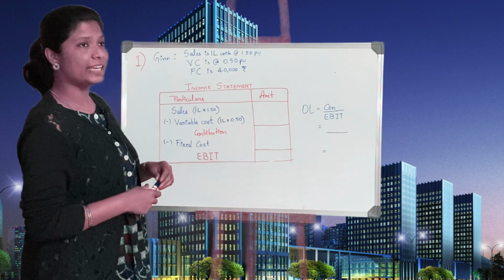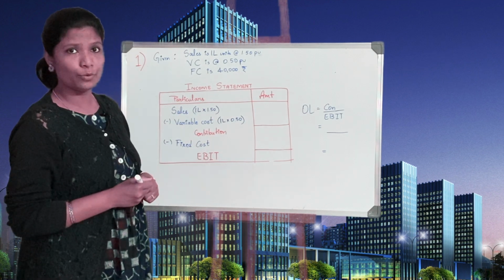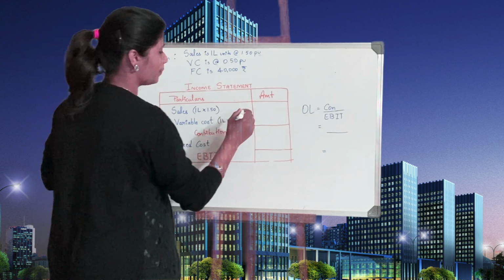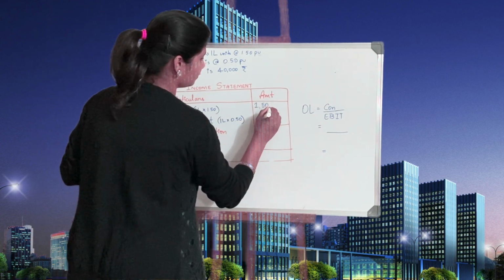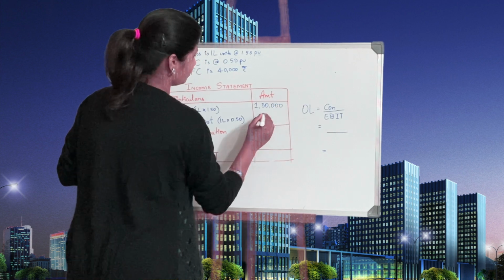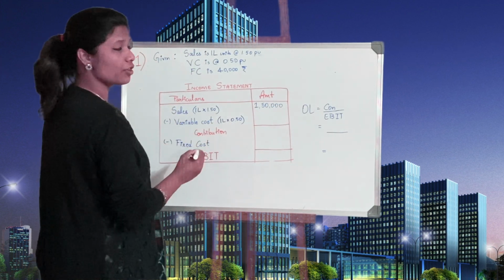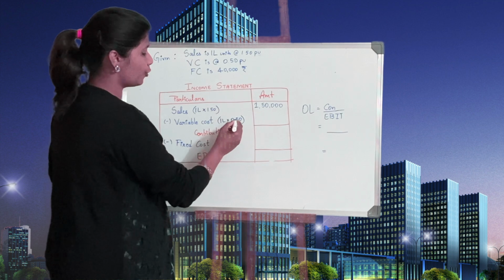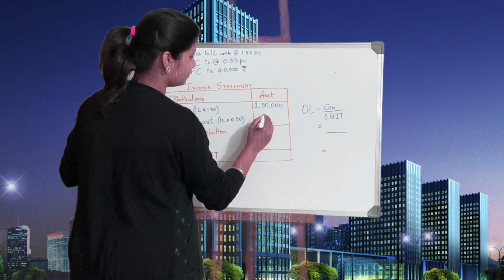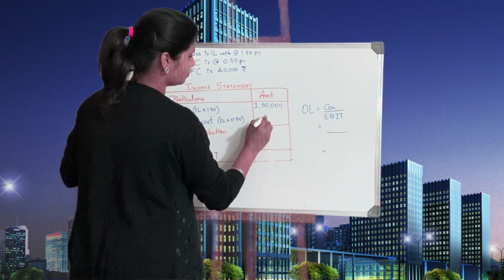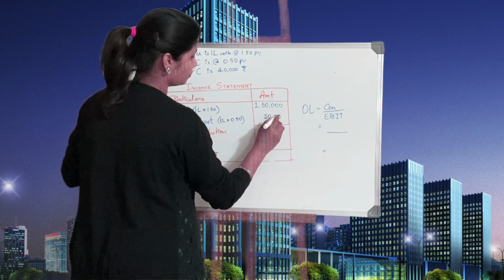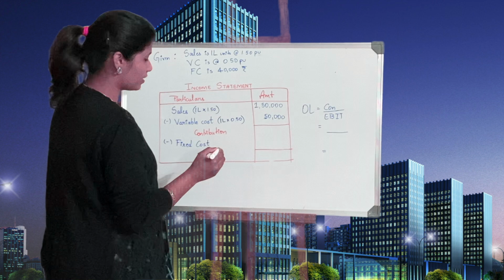Sales 1 lakh into 1.50 per unit will give you 1,50,000, minus variable cost is 1 lakh into 0.50 will give you 50,000.